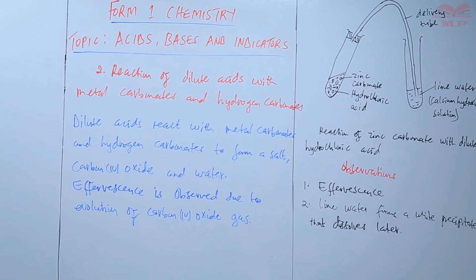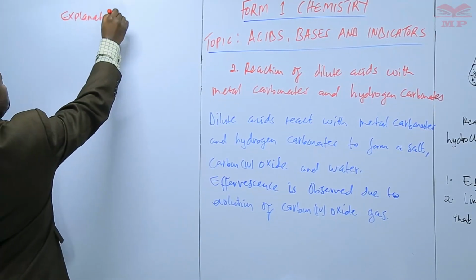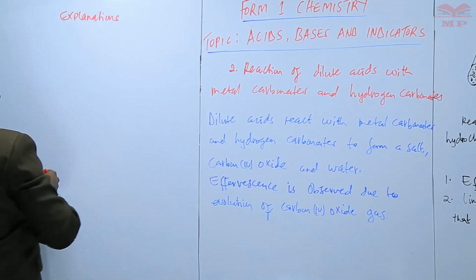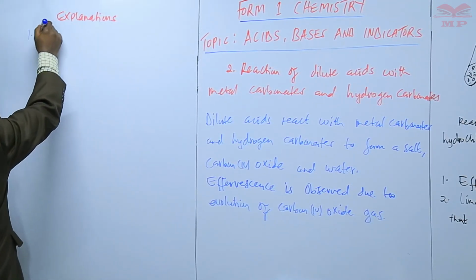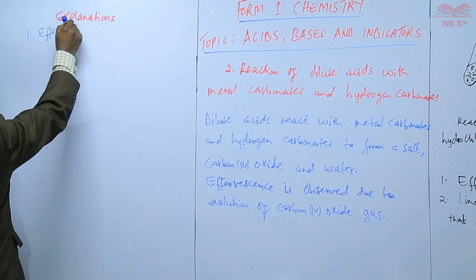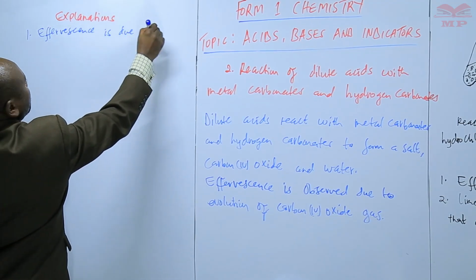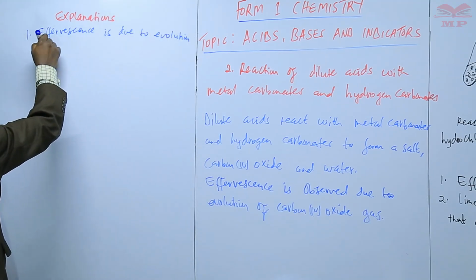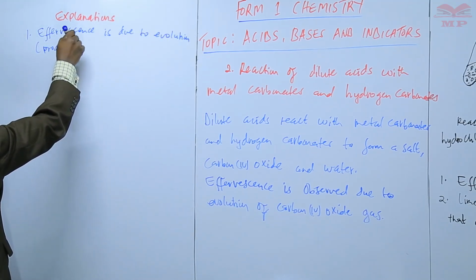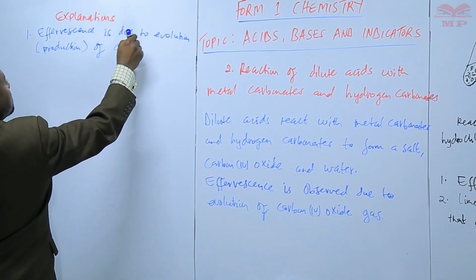Let us explain those observations. Explanations: one, effervescence is due to evolution or production of carbon 4 oxide.